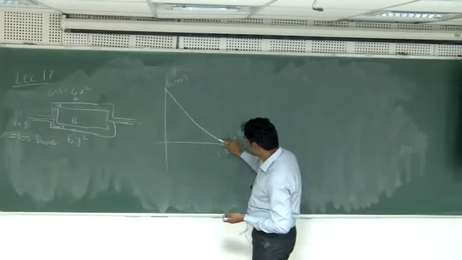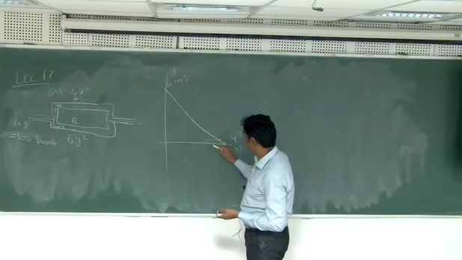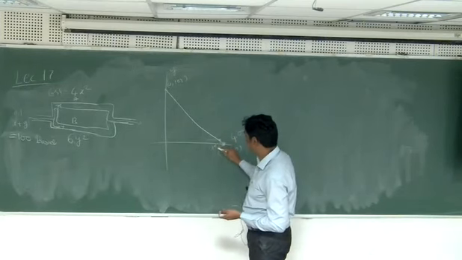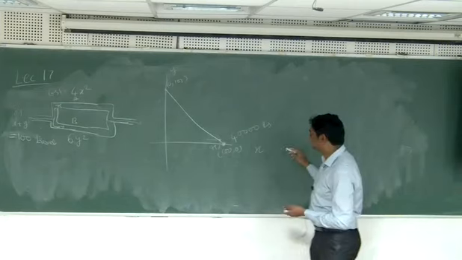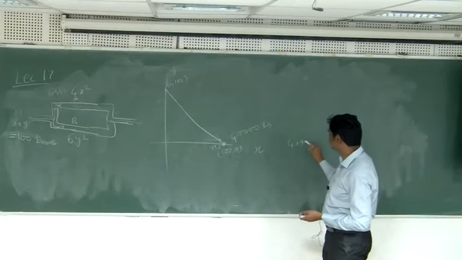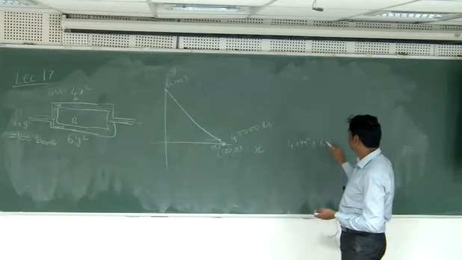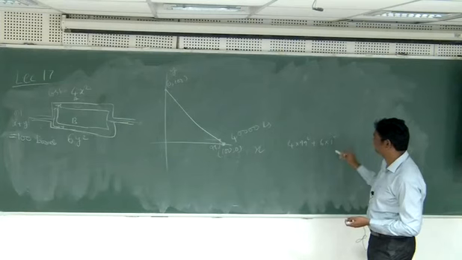So let's take one point here, which is 99 and 1. What is 4 into 99 square plus 6 into 1?